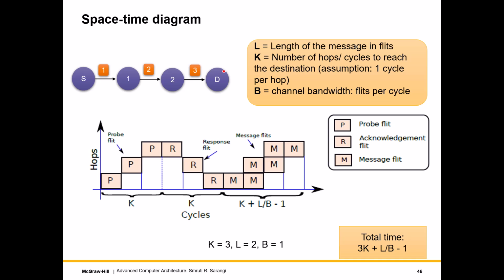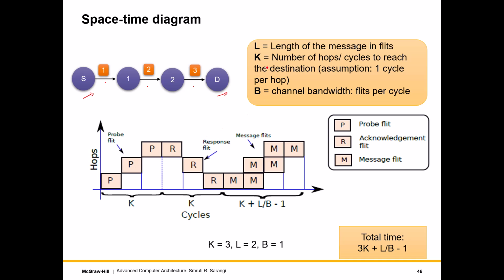So if I were to look at this diagram over here, let's say this is the source, this is the destination, and there are 3 hops. So this is hop 1, hop 2, hop 3. What I do over here is that I first send a probe flit whose job is to go from the source node to the destination node.